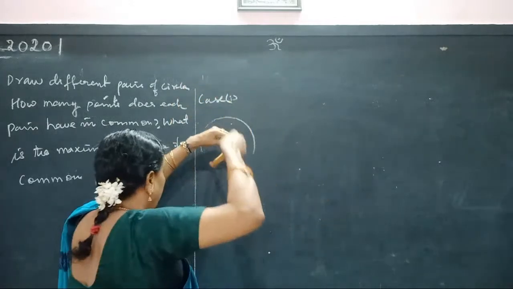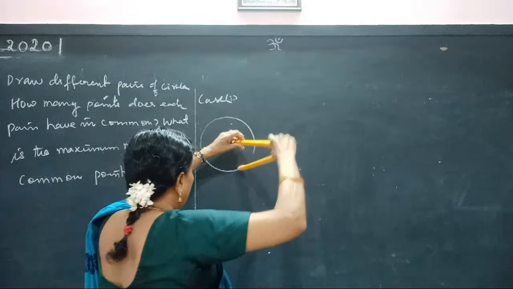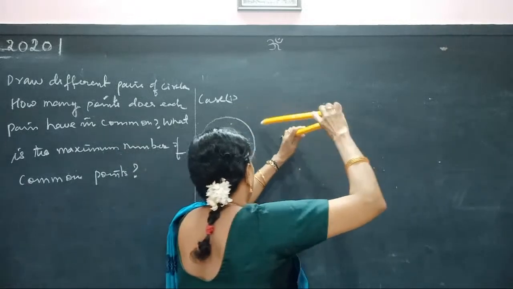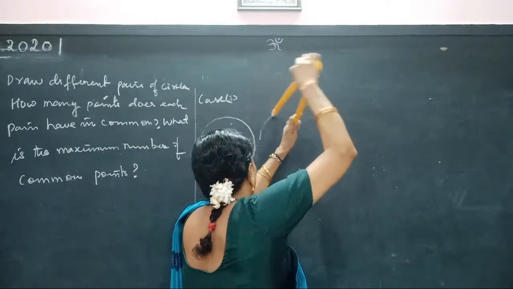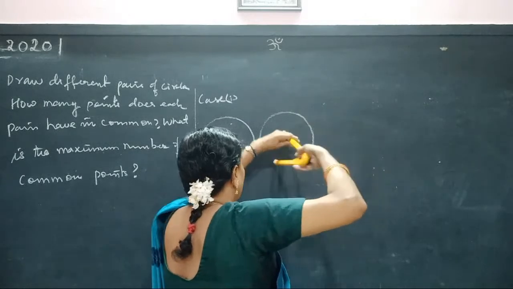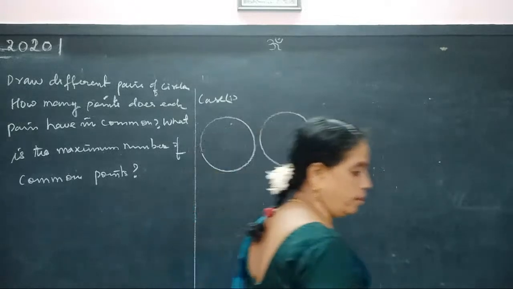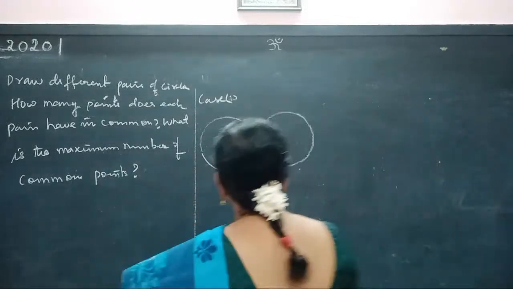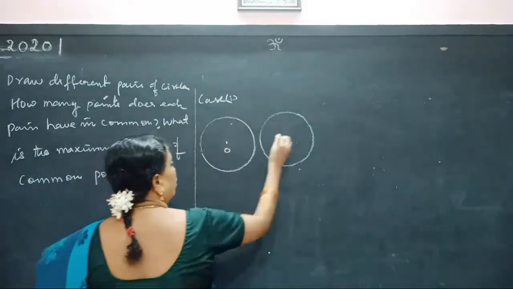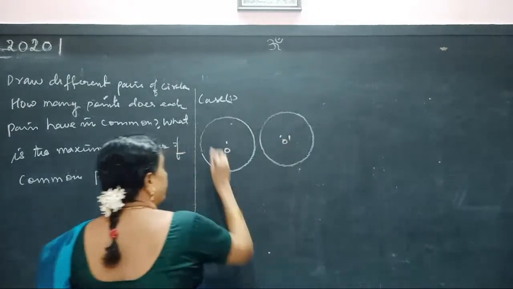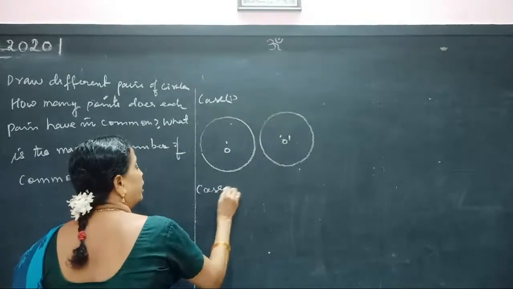They are given, draw different pairs of circles with O, with O dash. Case 1. Case 2.